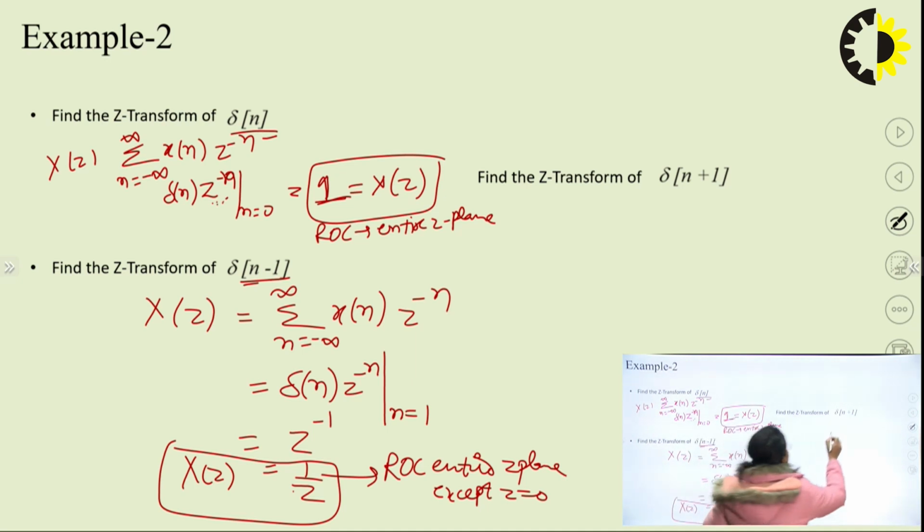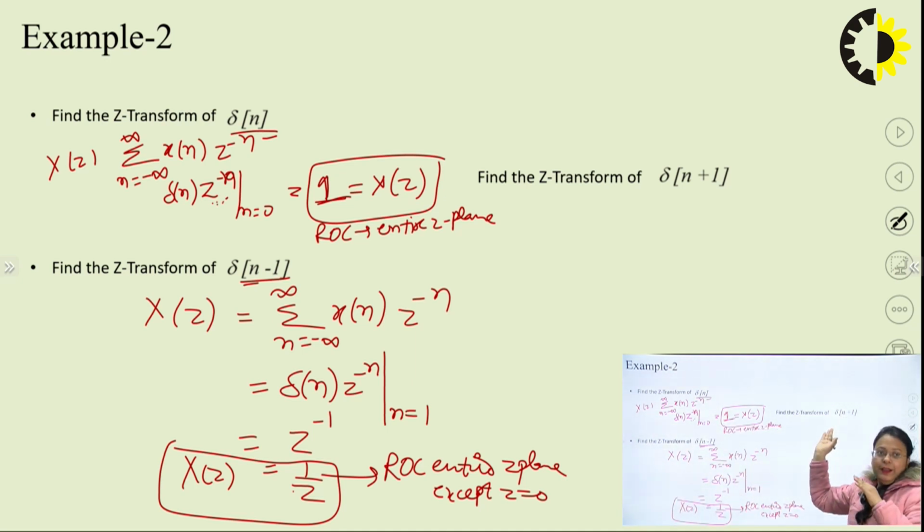Now if the impulse function is shifted in the left direction, right? In the previous case it was shifted to the right direction, and in this case it is shifted to the left direction by 1 unit.